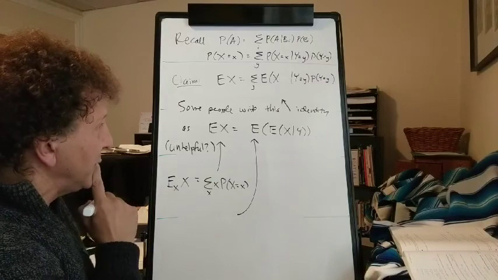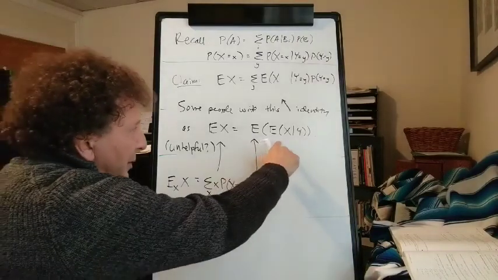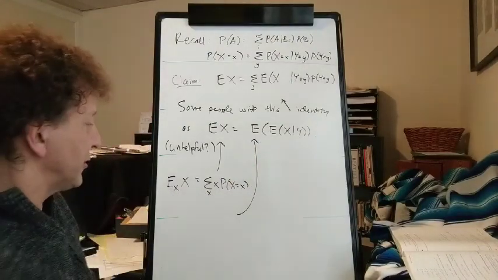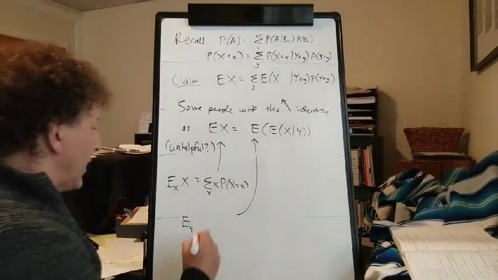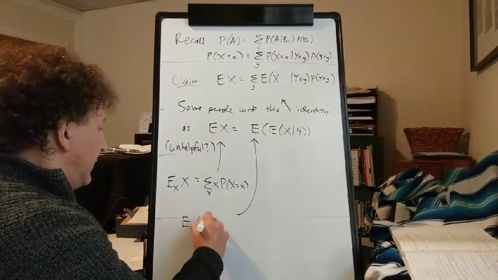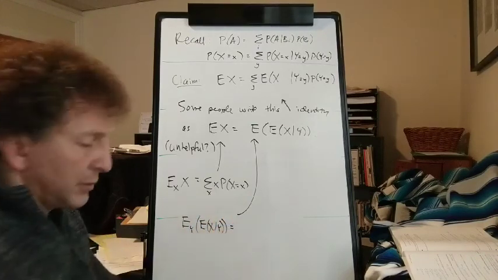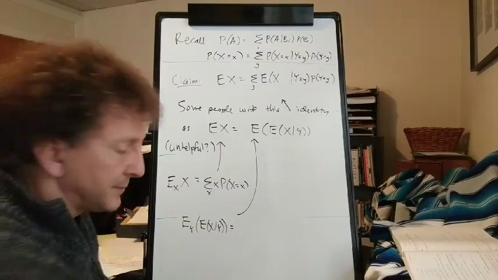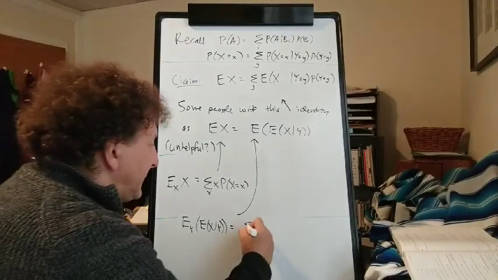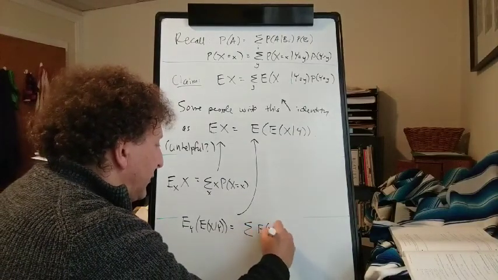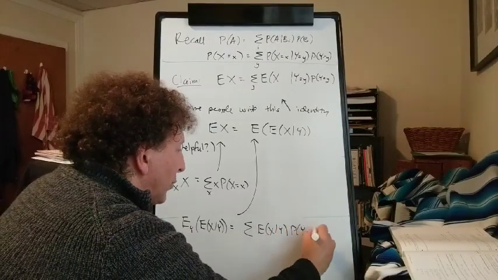Then this expected value is an expected value over Y, because the inside expected value ends up being a function of Y. So I might write E sub capital Y, expected value of X given Y, which is a sum of the expected value of X given y, each one multiplied by the probability that capital Y equals y.